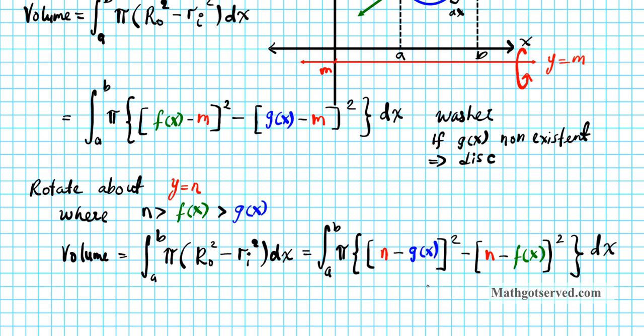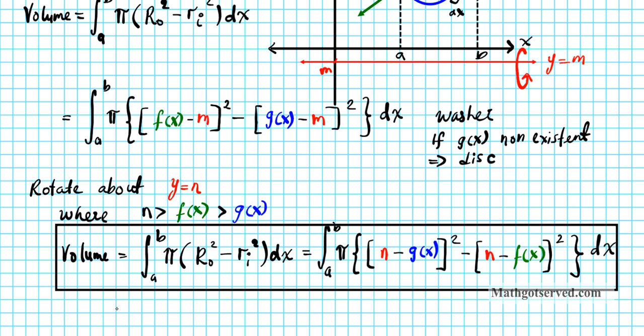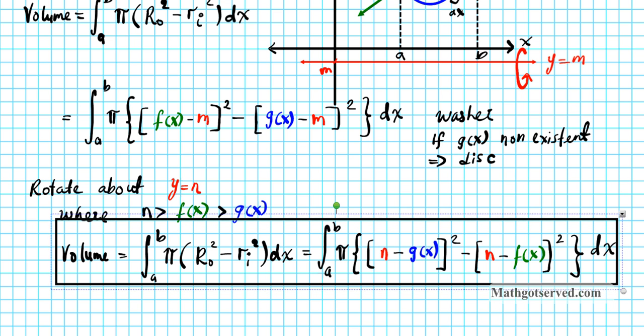So those are the formulas you want to have mastered in order to determine the volume of solids of revolution. That was the first formula you need to know, and the second formula is right here.